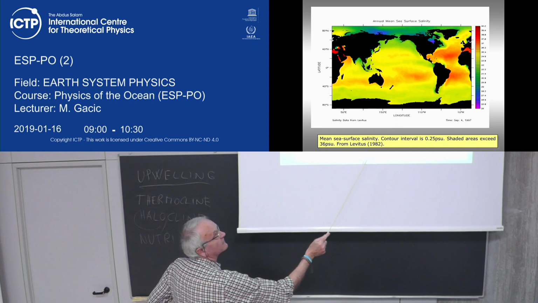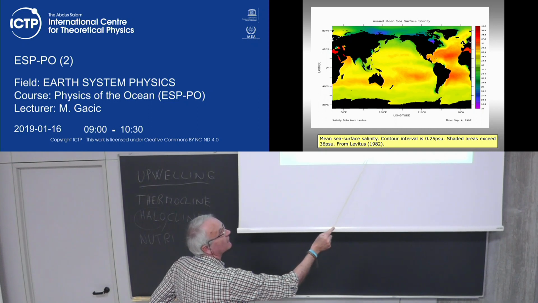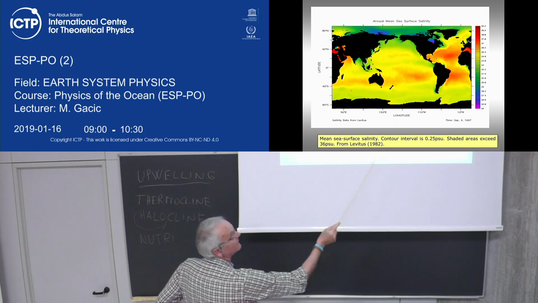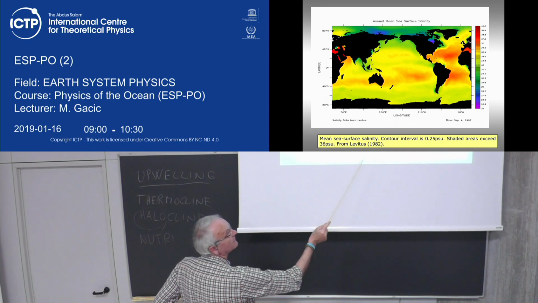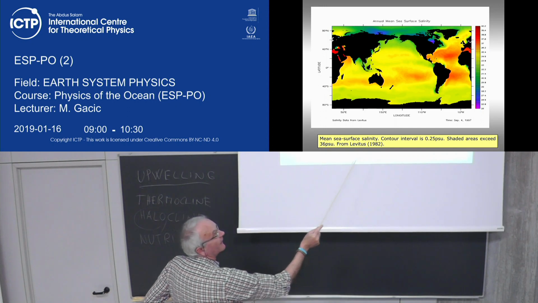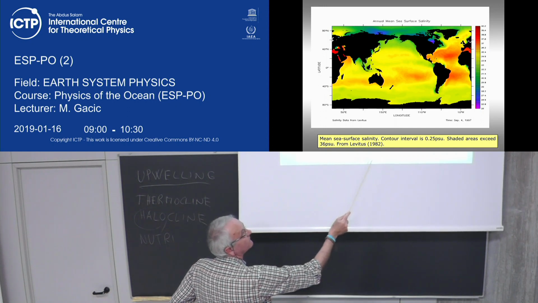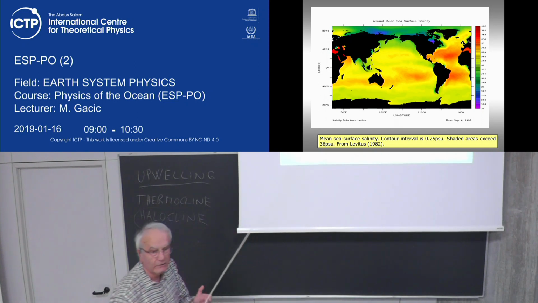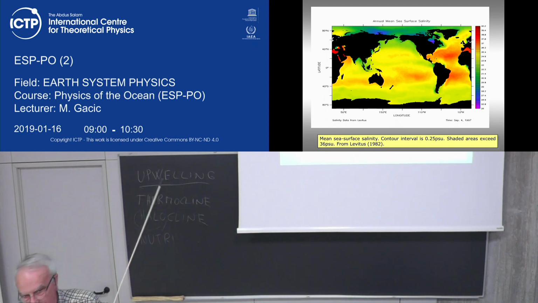You see what is happening here. On one side you have the Gulf Stream, which flows there, and the high salinity goes over there, and at the same time you have the water flowing from north to south here, and you have a low salinity also in that area here.